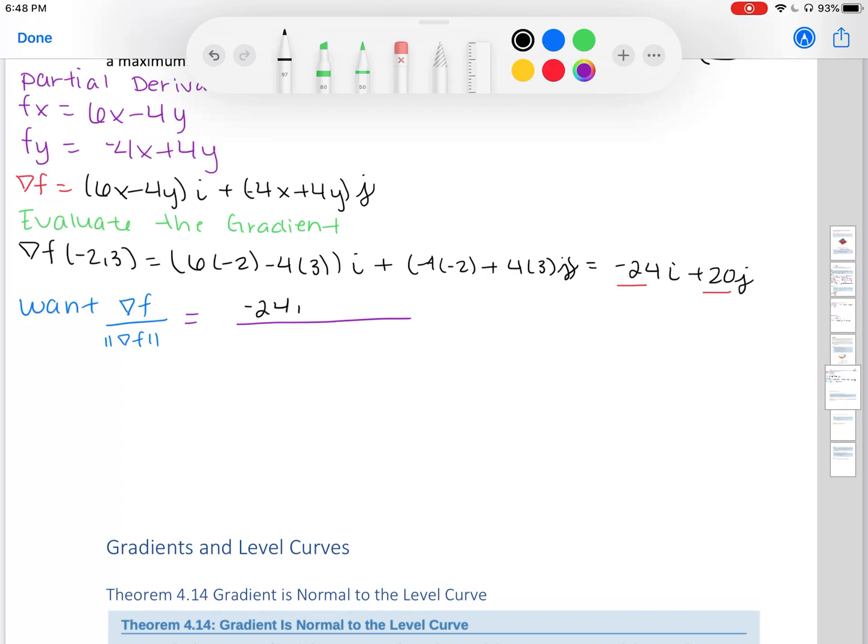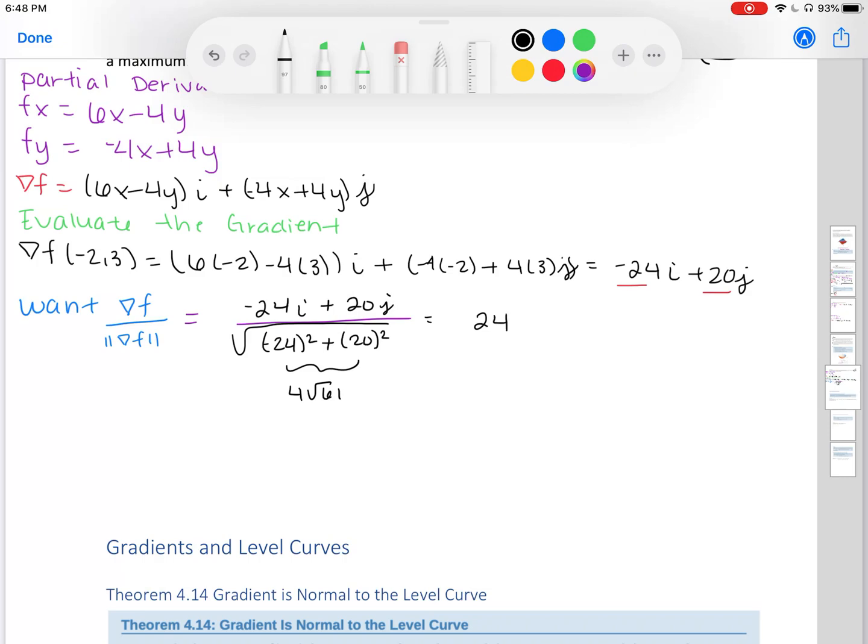negative 24i plus 20j. In the denominator, I have the square root of negative 24 squared plus 20 squared. So this right here gives us 4 square root of 61.